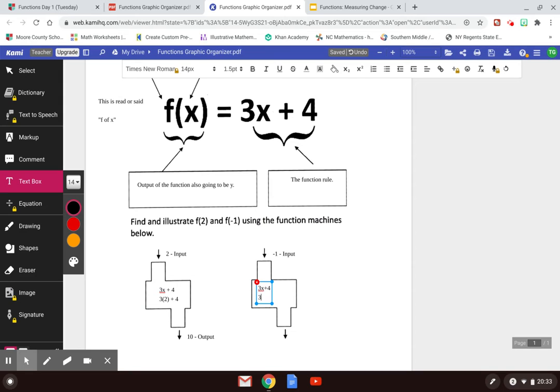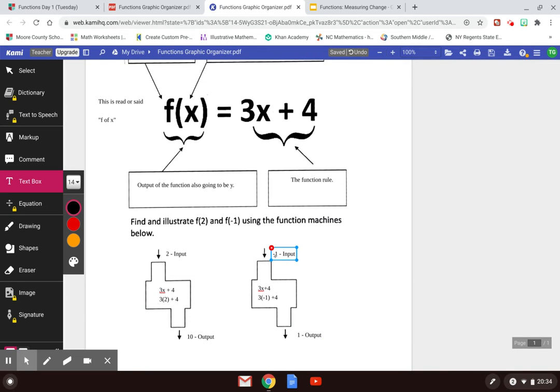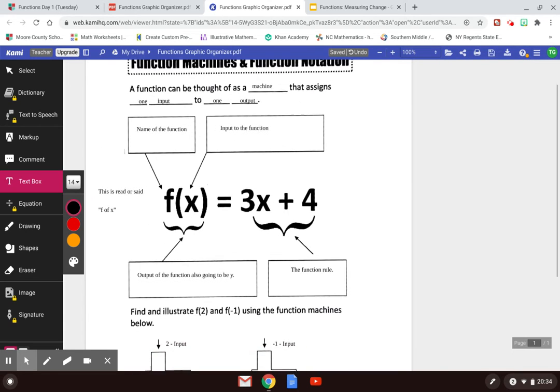When negative 1 enters the function, 3 times negative 1 is negative 3. Negative 3 plus 4 gives me an output of 1. So notice there, a change occurred. The number negative 1, which was my input, was changed into a positive 1 because of the function rule.